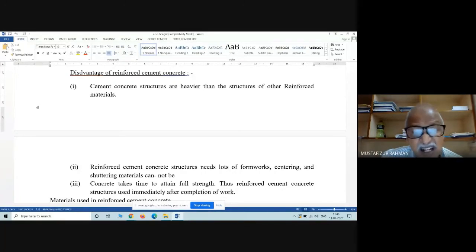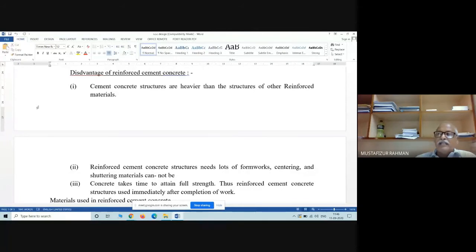So cement concrete structures are heavier than other structures. This is the biggest disadvantage with respect to concrete structure. The self-weight of concrete is 25 kilonewton per meter cube.